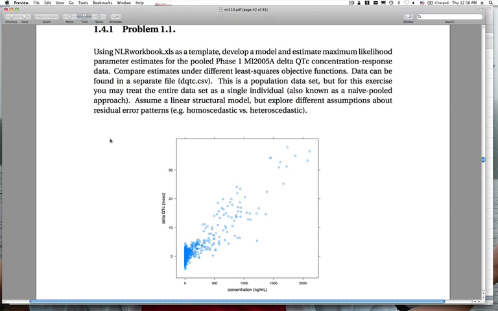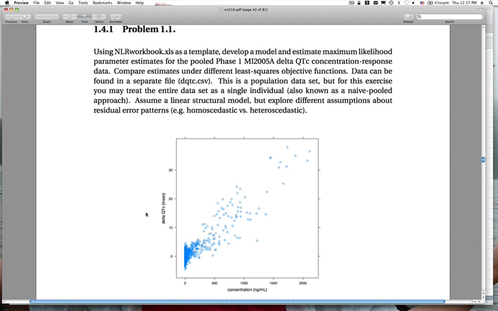So ECGs were taken serially over time, and we've got here calculated a delta QTC change from baseline, which is plotted in the current display versus concentration. This is plasma concentration of our new drug.